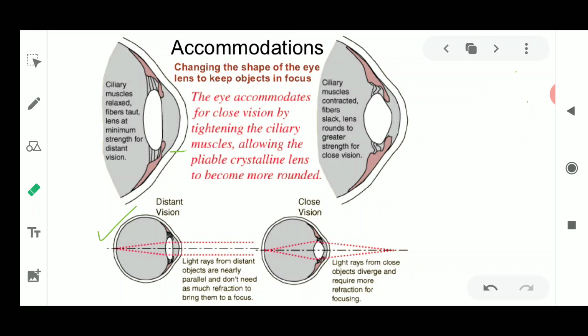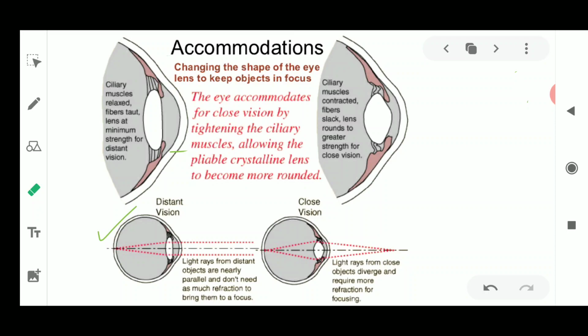So the normal eye has a power of accommodation which enables objects as far as infinity and as close as 25 centimeters to be focused on the retina. The power of accommodation of the normal eye is about 4 diopters. Now what is the range of vision of a normal human eye?